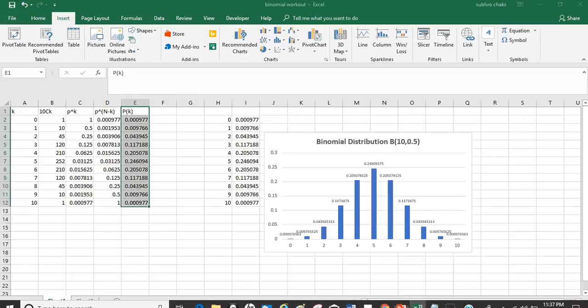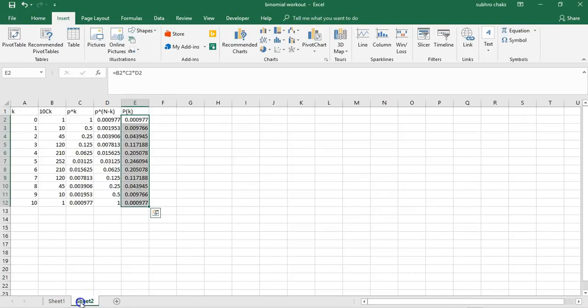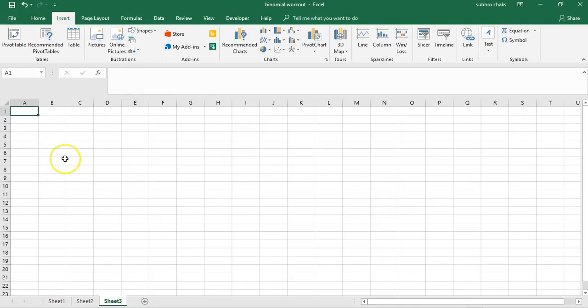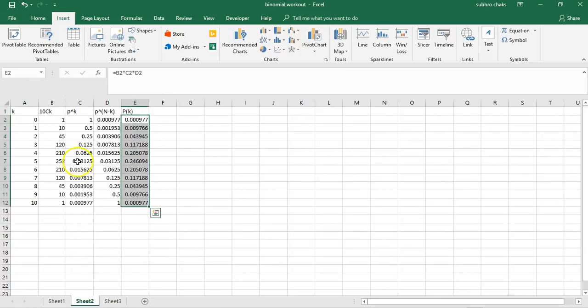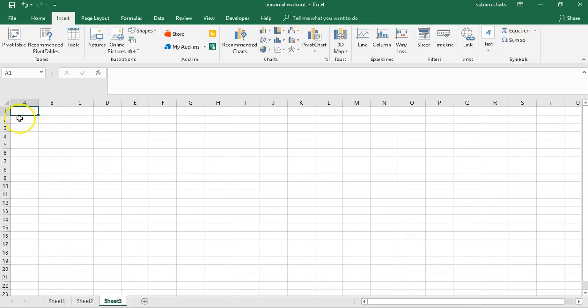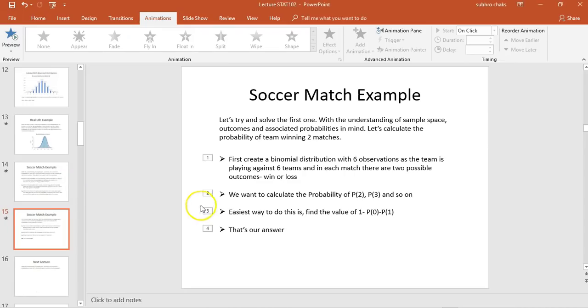In our case, if we go to Excel, we go for a binomial distribution.